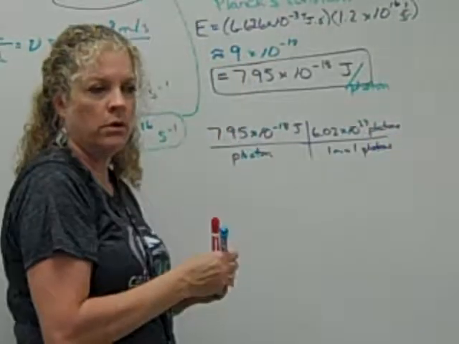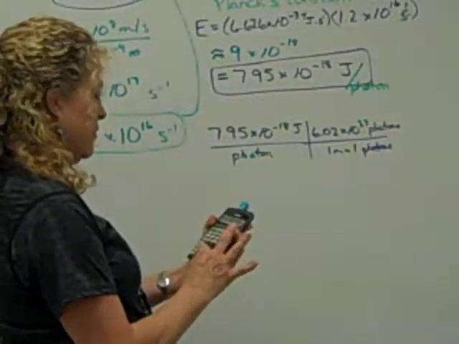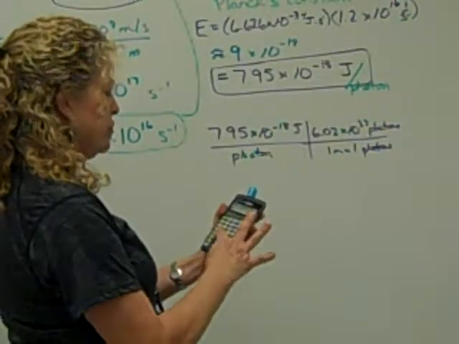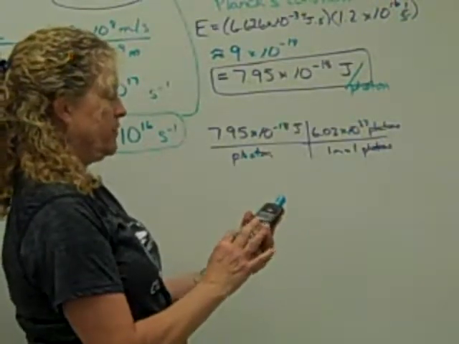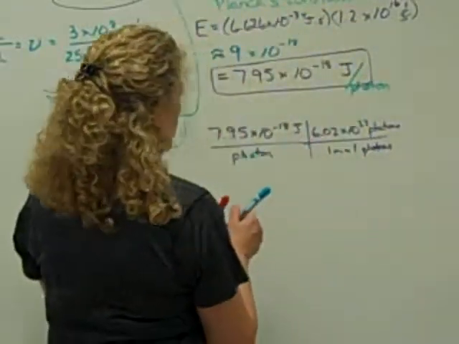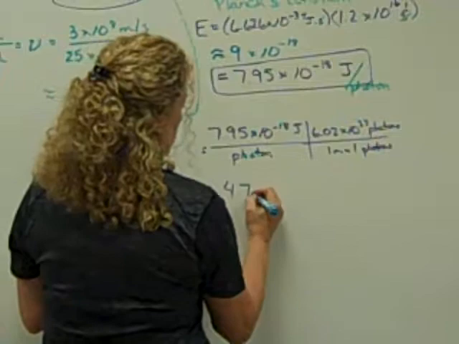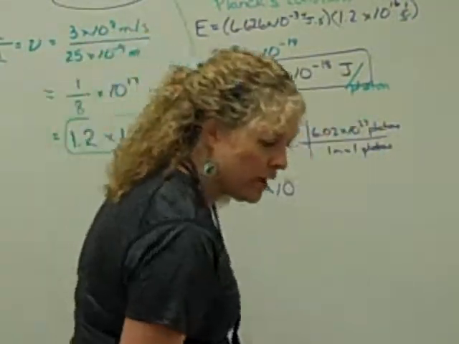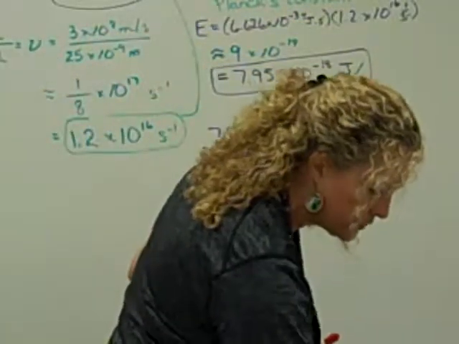And so, if y'all can keep calculating, we had our 7.95 times 10 to the negative 18 times 6.02 times 10 to the 23rd. Whew. I'm going to put it back in scientific notation because there's a lot to write. So I'm going to get 4.79 times 10 to the, it's going to be around 7 or 6.